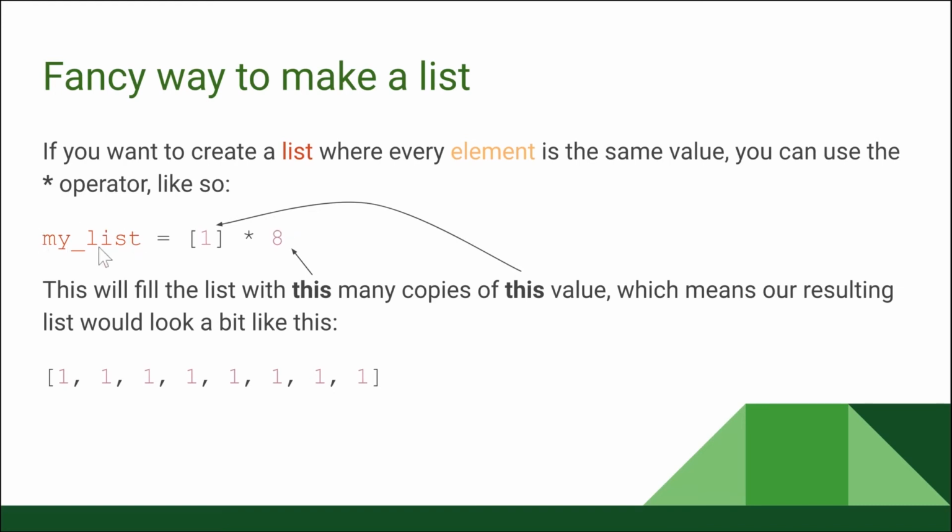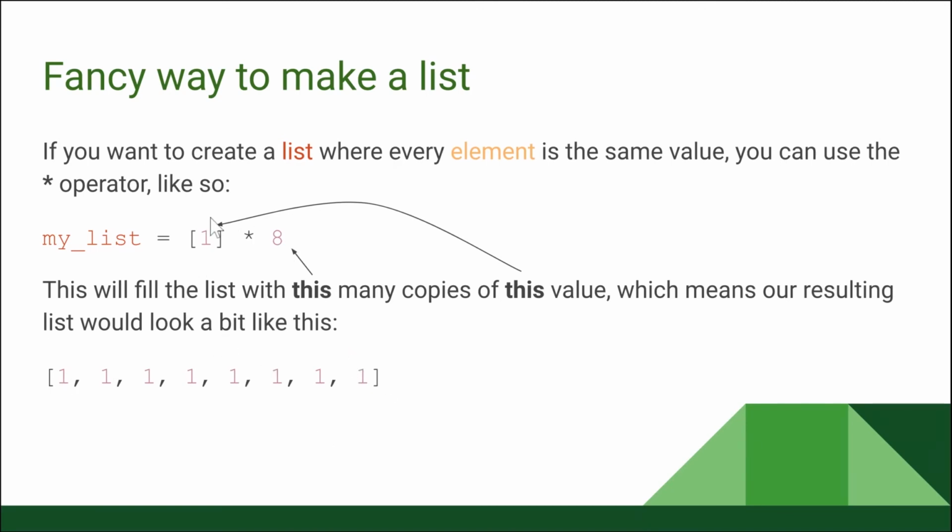So we say my list equals, and then we create square brackets and have some value inside, and we're going to multiply by an integer, and that's going to fill that list with that integer number of copies of whatever value is inside the list we said. So our resulting list from this operation is going to have 8 ones in it. So we have 1, 2, 3, 4, 5, 6, 7, 8 ones in that list.